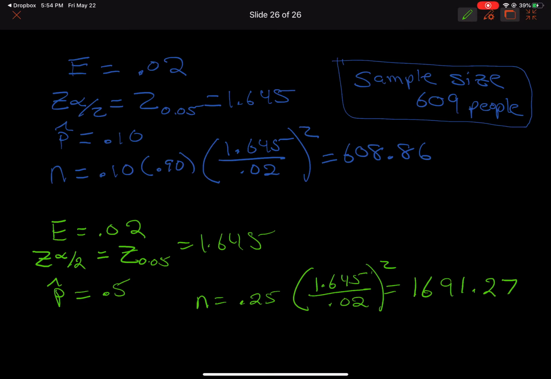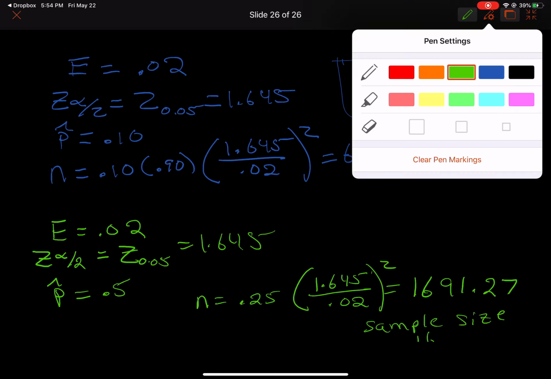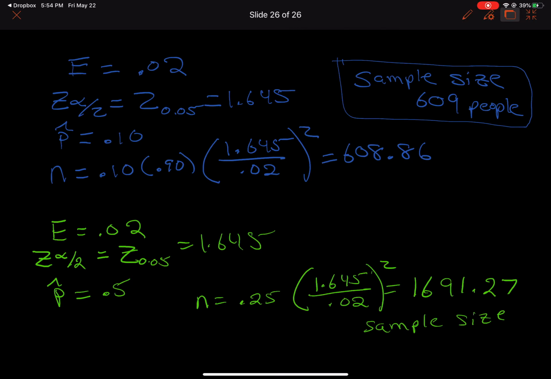So I would need a sample size of 1,692. See, the benefit of using a prior estimate is you'd have to find a lot fewer people to sample.